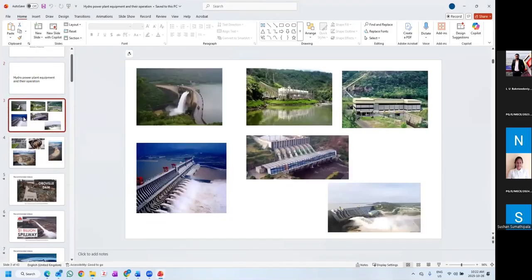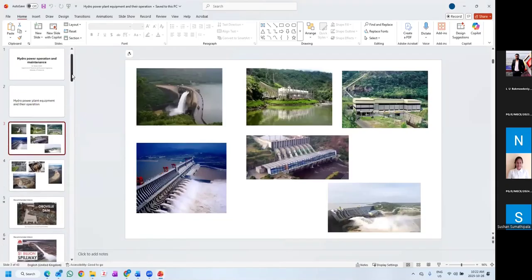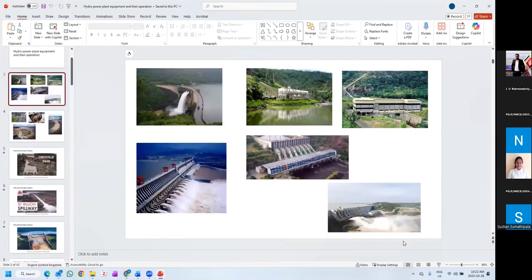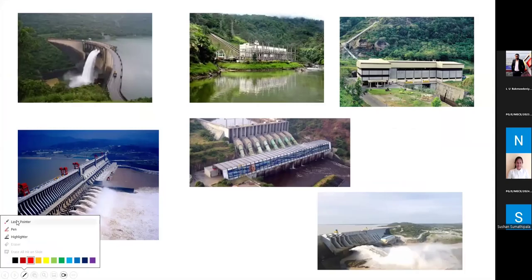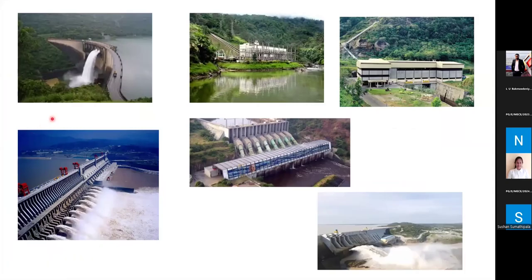As you may know, hydropower is one of the key generating schemes that we have in our generation mix, and it plays a crucial role when we want a dispatchable generating source. These are some of the photos that I have of hydro generation schemes in Sri Lanka as well as globally.